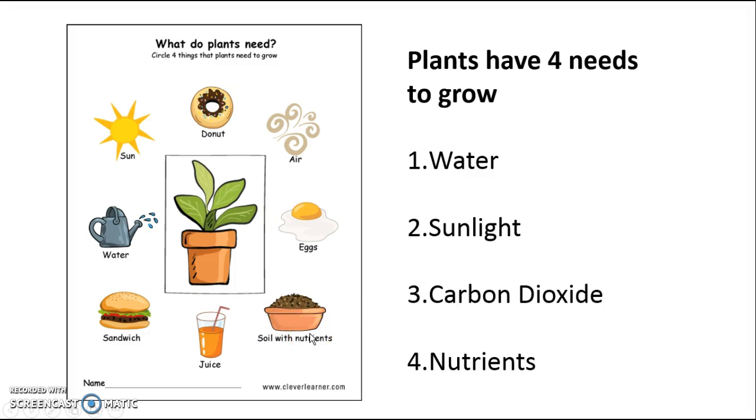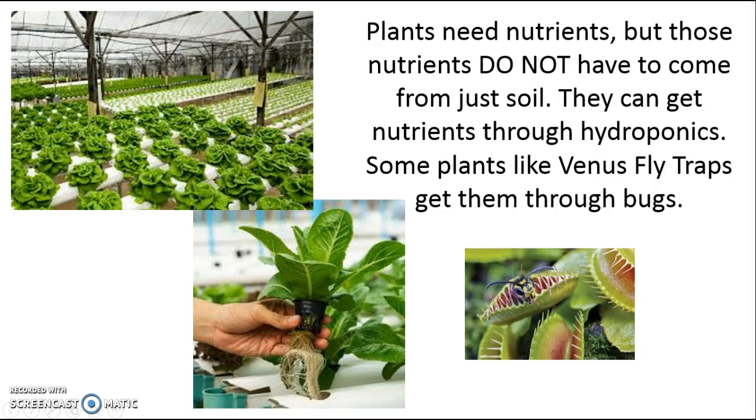Now soil is a very important thing for most plants. The majority of plants do grow with soil. But remember, plants don't have to have soil. So that leads us to our next slide. Plants need nutrients, but those nutrients do not have to come from just soil.